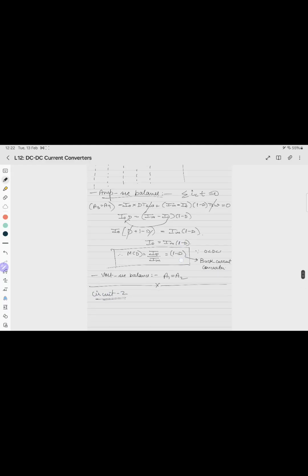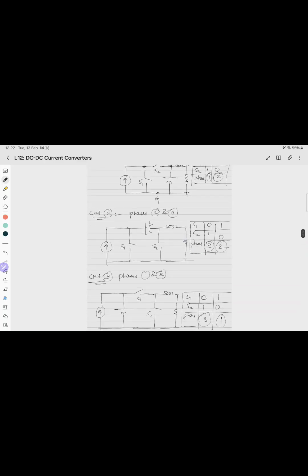Similarly, if we do it for circuit 2, what will it be for circuit 2? Circuit 2 is this. I'll just copy this.